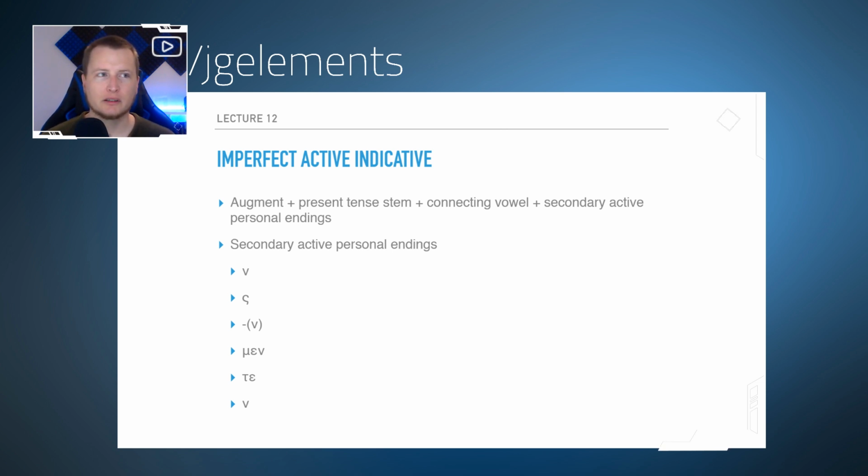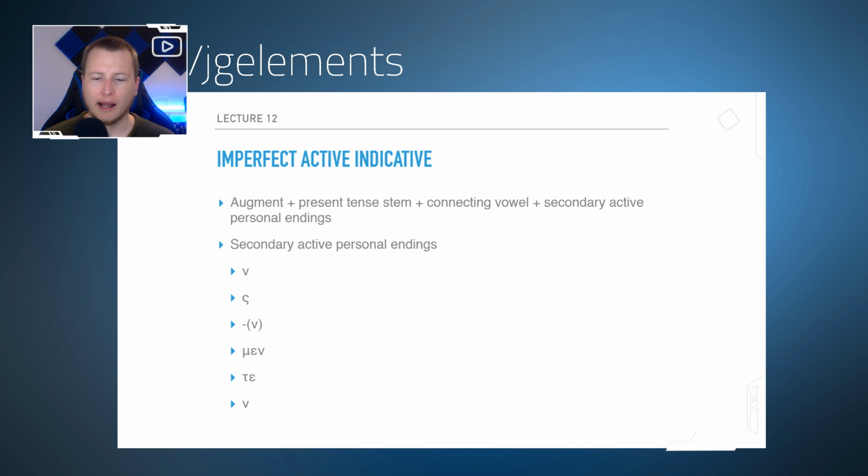And then there's future, I will walk. The imperfect is one of two past tenses. You could potentially argue that there's more, but one of two past tenses. I was walking. Okay?